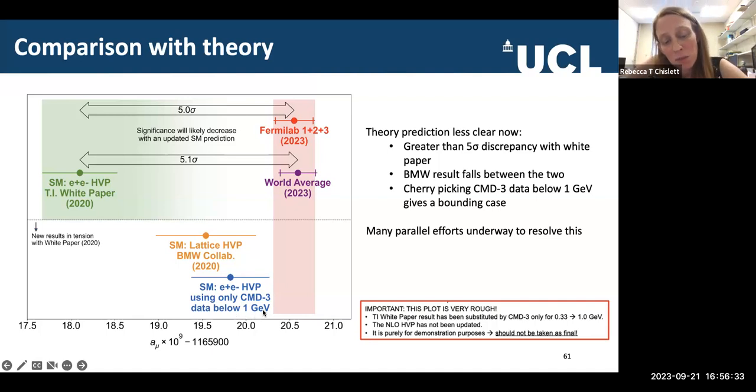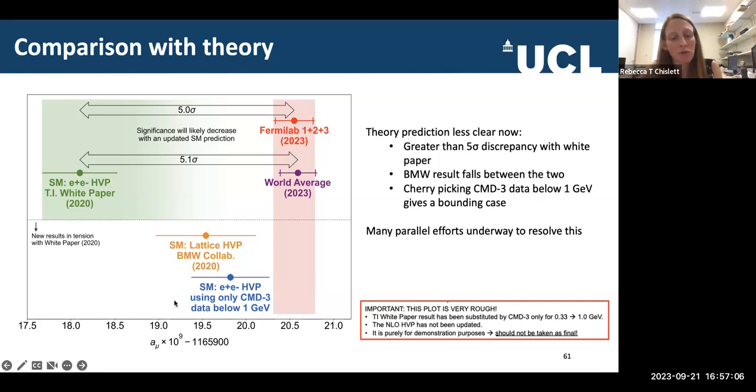And then this bottom point comes with a lot of caveats and is not a proper theoretical result. This is by taking the CMD3 data only, ignoring all the other experimental results below 1 GeV, and doing the hadronic vacuum polarization calculation. This is the result you would get. This is basically a bounding case because you've ignored all the other experimental measurements.